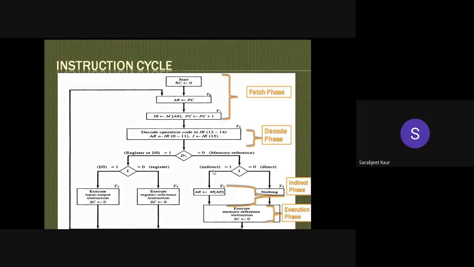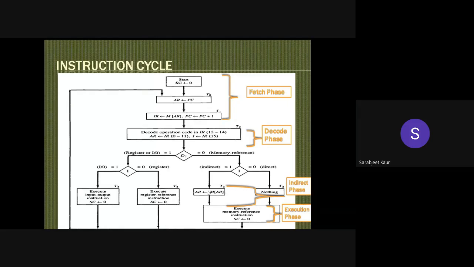If this is the indirect memory reference instruction, what do I have to do? I have to go back to the memory and fetch the effective address, right? Now, this phase is known as the indirect phase. So in time signal T3, in case this is a memory reference instruction, we go back to the memory, take the address which is there in the address register, and we get its contents.